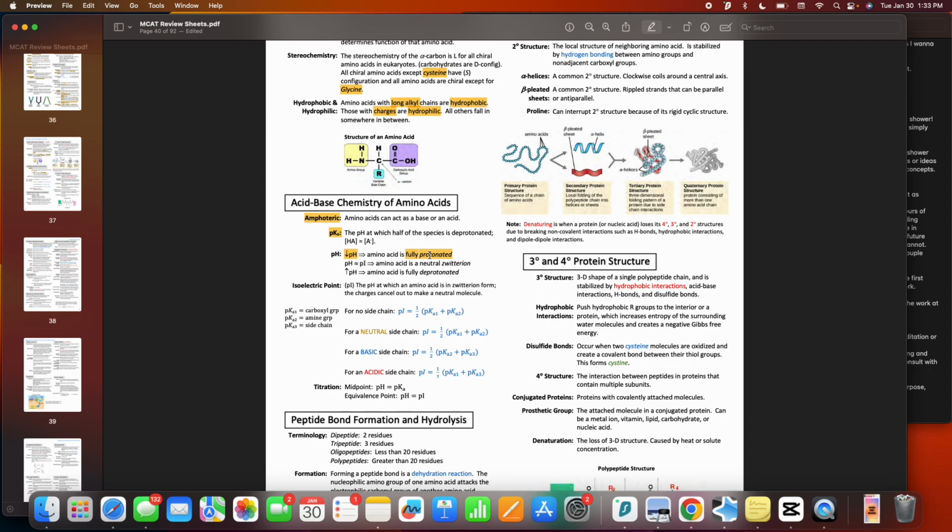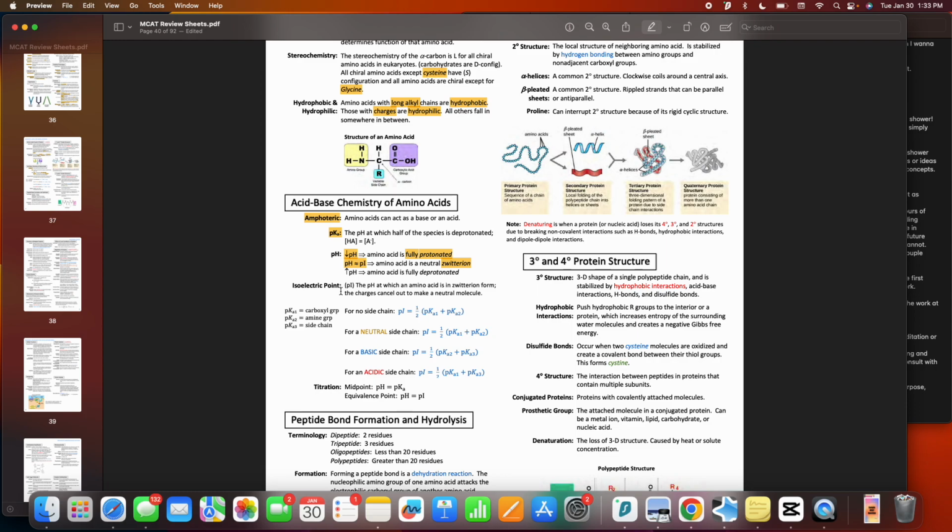If the pH equals the isoelectric point, here pI, it means that the amino acid is a neutral zwitterion. This is important. And if the pH is higher than the isoelectric point, the amino acid is fully deprotonated.